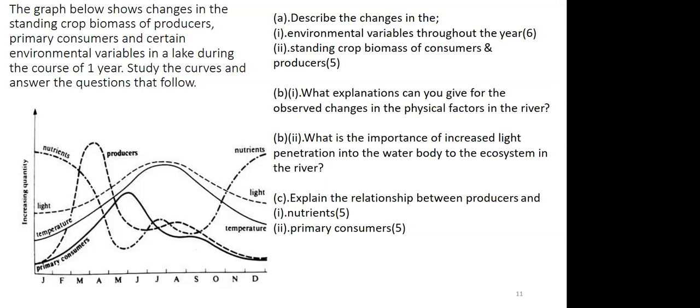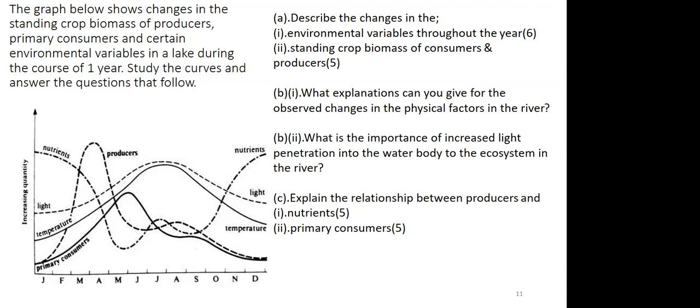From January to March, the standing crop biomass of producers increases very rapidly. Then from March to May, it decreases also very rapidly.